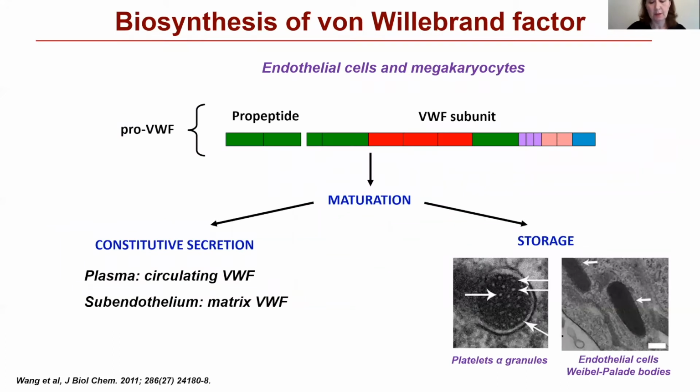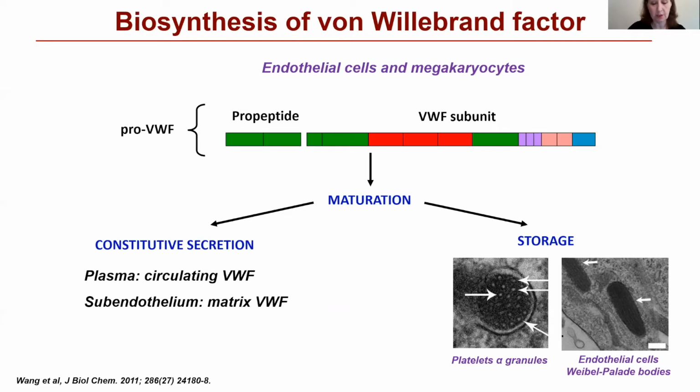To better understand this, let's spend a few slides on von Willebrand factor itself. Von Willebrand factor is a large glycoprotein synthesized in two cell compartments, the endothelial cells and the megakaryocytes. It is first synthesized as a big monomer of about 2,000 amino acids that contains a signal peptide, a propeptide, and a major subunit.